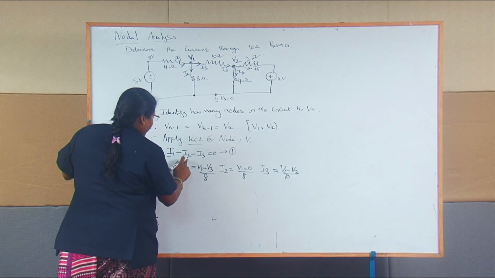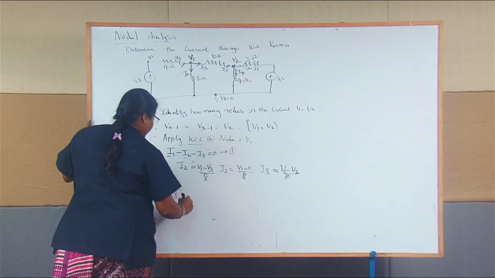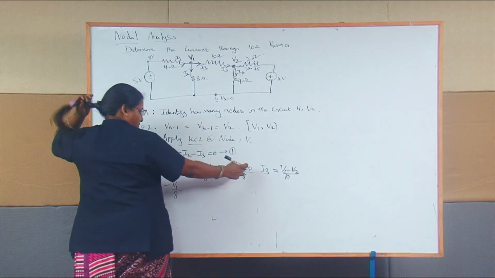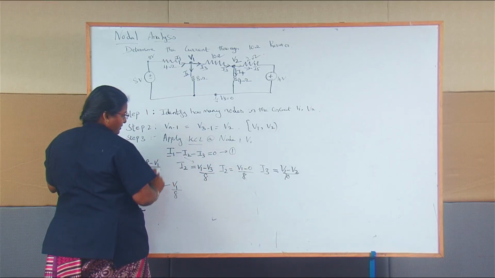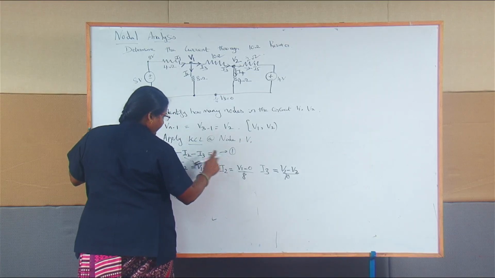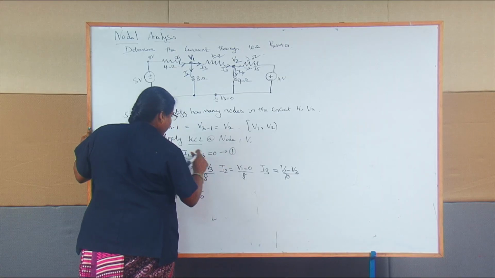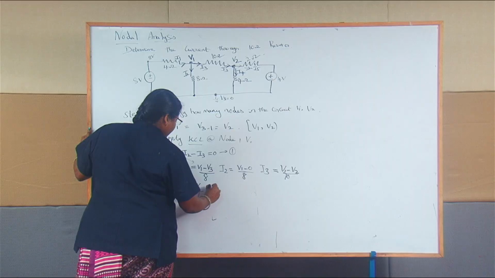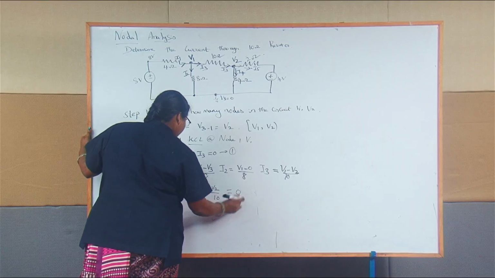Similarly, I2 is V1 by 8, because 0 by 8 becomes 0. So minus I3, and I3 is V1 by 10 minus V2 by 10; minus and minus becomes plus V2 by 10, equal to 0.